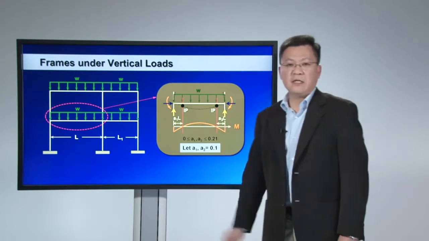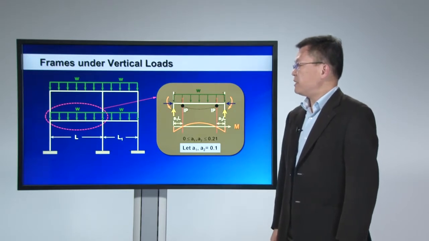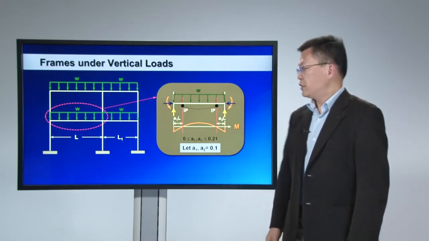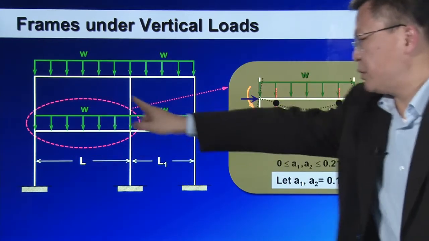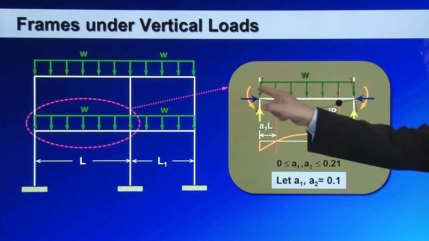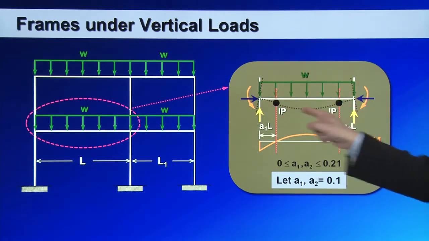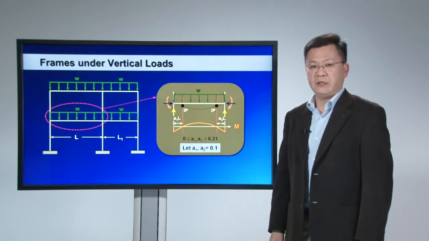So we can utilize the concept of inflection points to calculate frames under vertical loads. Here is a two-story frame under uniformly distributed loads. Let me take a portion of the structure, enlarge it, and show you how we can do approximate analysis using the concept of inflection points. This portion of the structure, under loading, is going to be deformed, and such deformation is going to be bounded between simply supported conditions and clamped conditions.